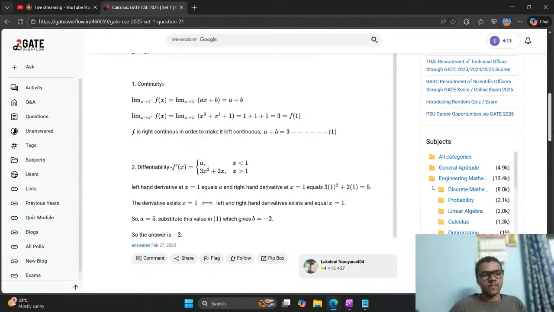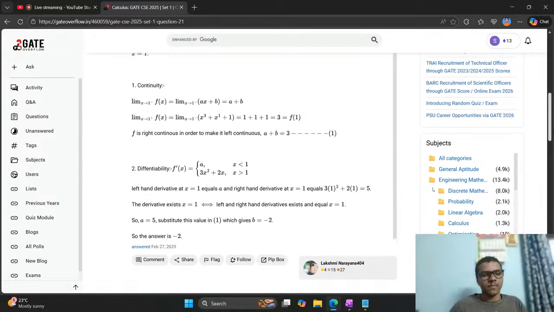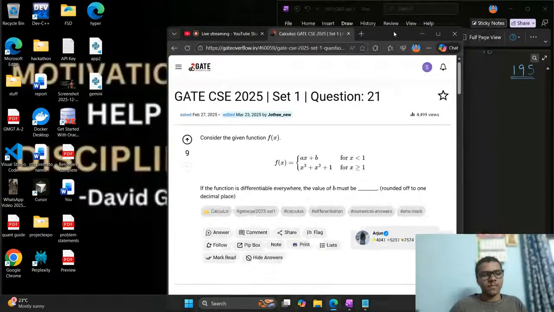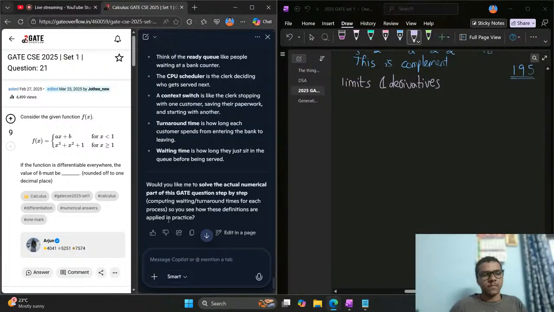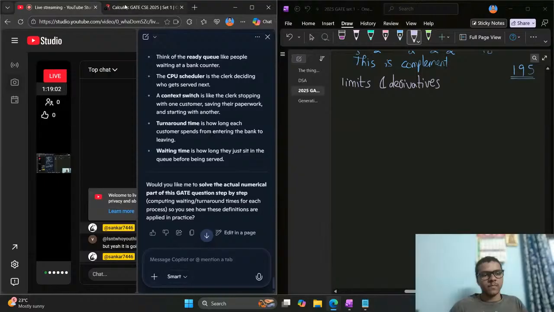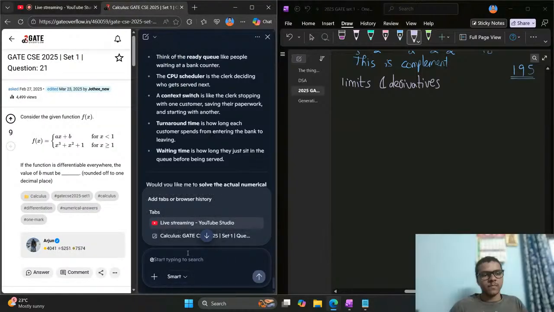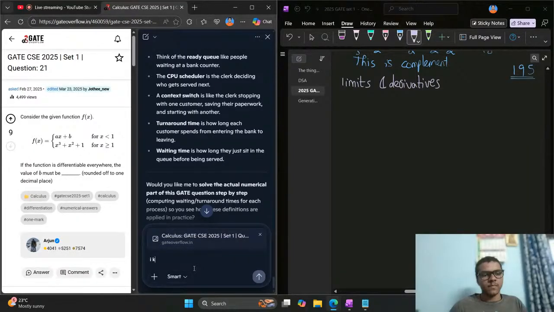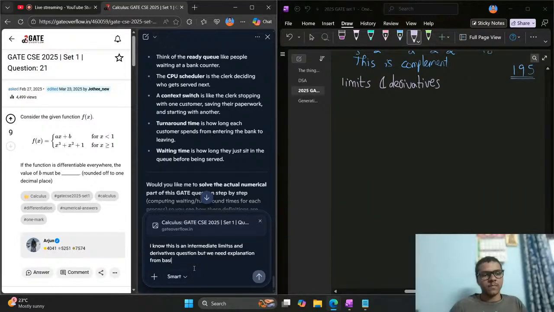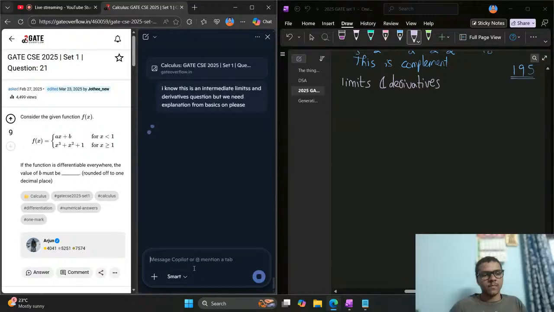Left hand derivative. This is a basic limits and derivative question, but as you know, we fumbled up intermediate mathematics. Okay, 31 questions.